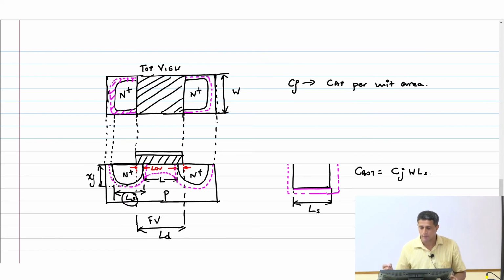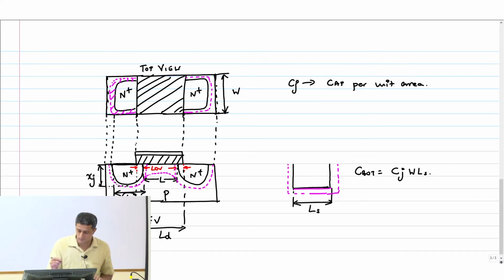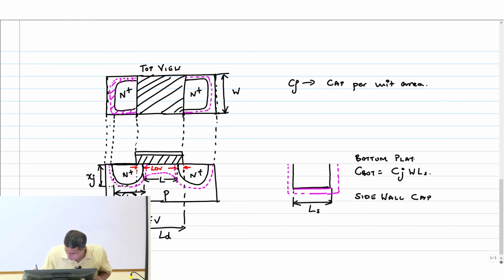So what is my perimeter capacitance? Or rather, it is called side wall capacitance for obvious reasons. And this is called bottom plate cap, or bottom wall, doesn't matter. So side wall cap is again going to be Cj.